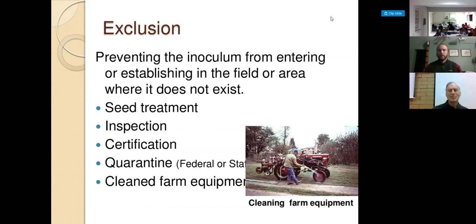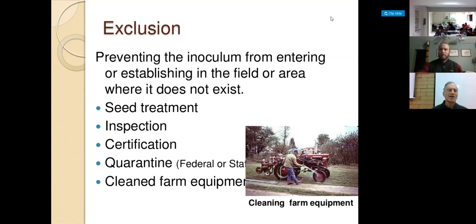Exclusion, preventing inoculum from entering or becoming established in the field. So seed treatment: sometimes there are some diseases that are transmitted in the seed, and the seed can be treated to prevent that.